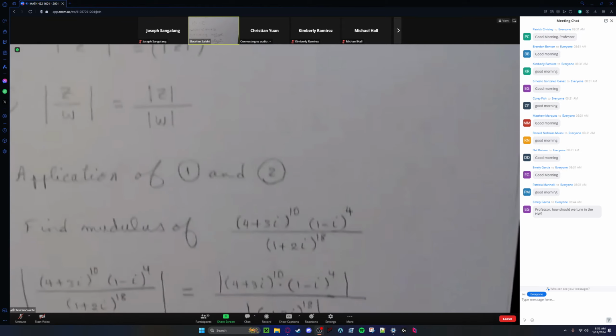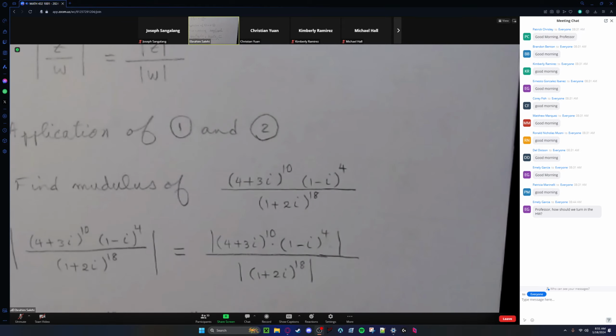So that means in here, instead of saying the modulus of this guy, I can bring 10 out. So it is the modulus of 4 plus 3i to the 10 times the modulus of 1 minus i to the 4th, over the modulus of 1 plus 2i to the 18.